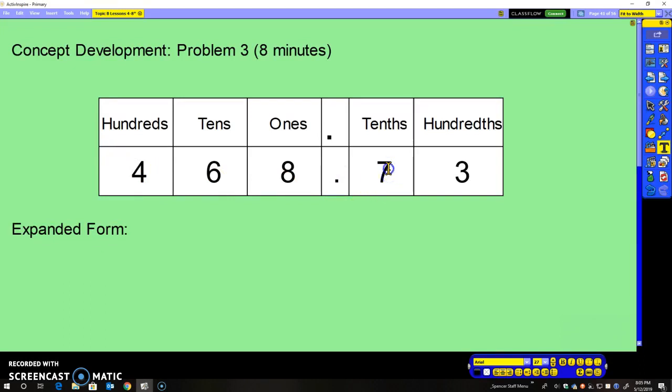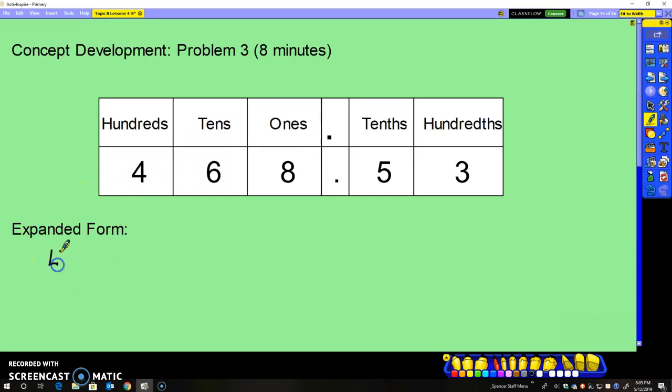Just a little bit different of a number here. So let's go ahead and try this one. I would like you to try this one on your own and then check back in with me. So pause and then check your work. I'm going to write it both in decimal form and in fraction form.